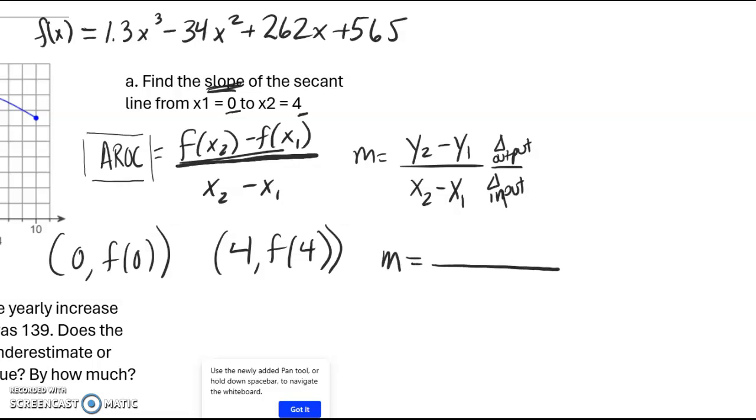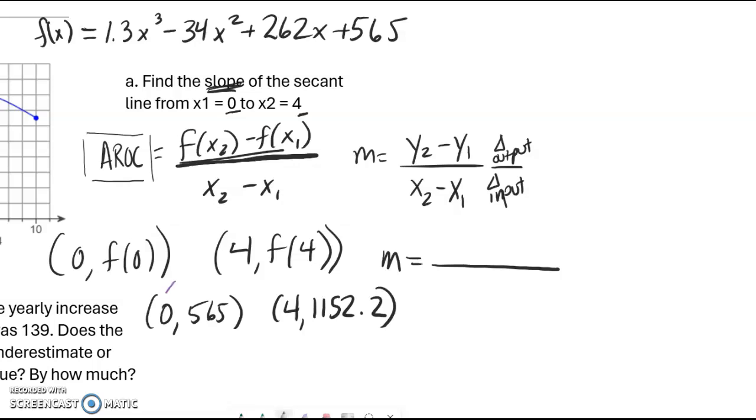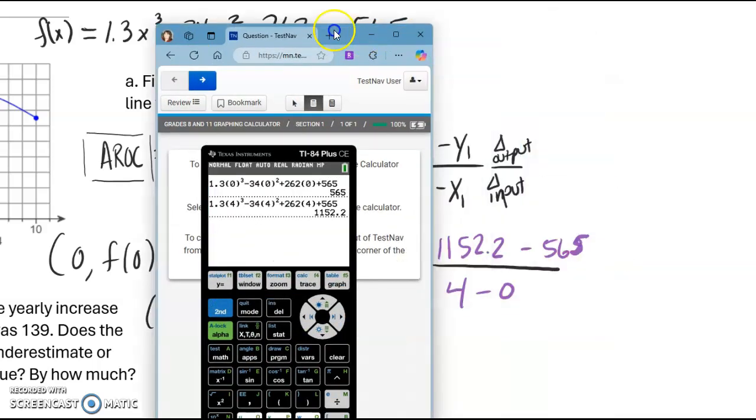And I'm going to say, well, I'll first label them. This was the one, and this was the other one. And I'm going to call it x1, y1, x2, y2, and I'm going to put them in here. And then I'm going to put that in my calculator now.